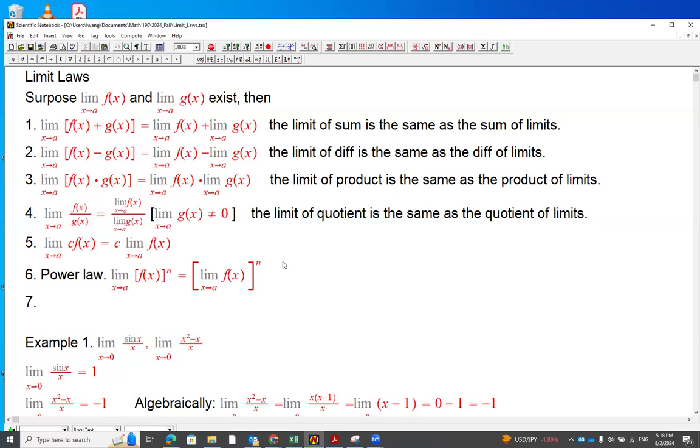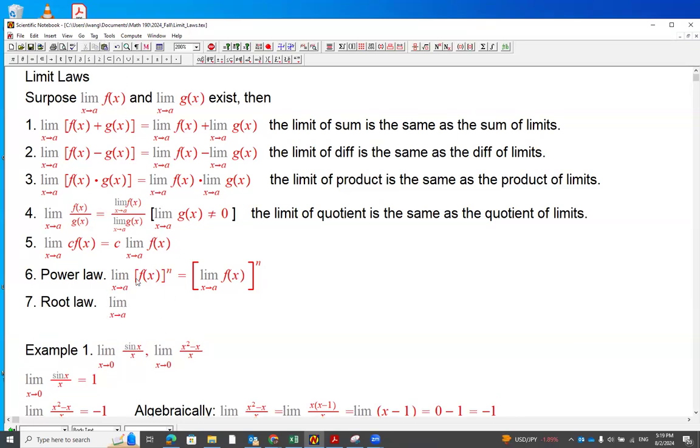The next one is the root law. The root law will include even number roots and odd number roots. Still provided that the limit exists, and the function f of x is being taken the nth root.